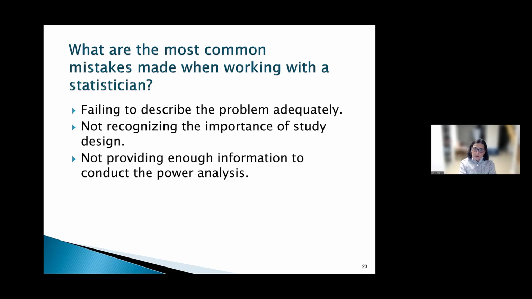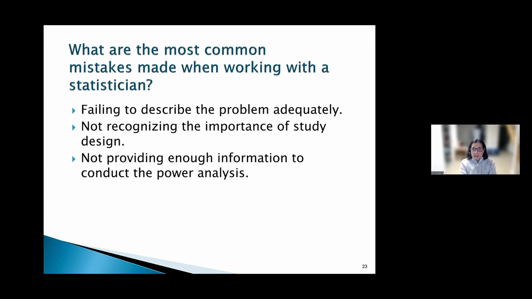And it's really not the role of the statistician to go and look for this information. The investigator should be sufficiently knowledgeable about the problem to have this information at hand, or to search for this information. One thing that we are asked to do is to read the literature and figuring out on our own.